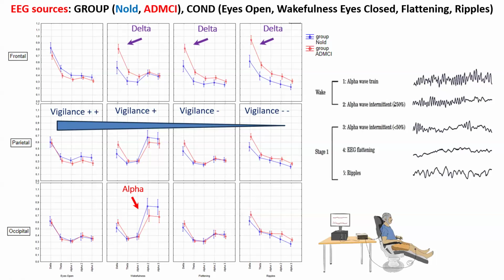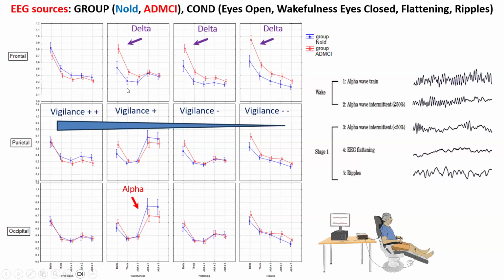And these results are related to another demonstration of the relation between alpha source activity in the resting state, eyes closed, to the vigilance level.